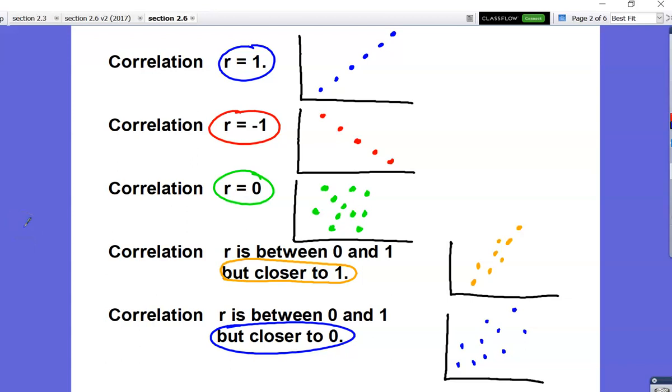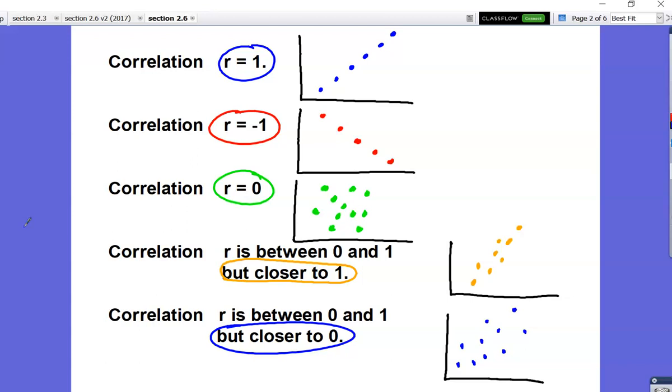So we have some graphs of correlation coefficient examples. If you have a correlation coefficient of R equals 1, that is a perfectly linear positive correlation. It doesn't mean anything about the slope. It just means that as x increases, y exactly increases at a steady rate with it.